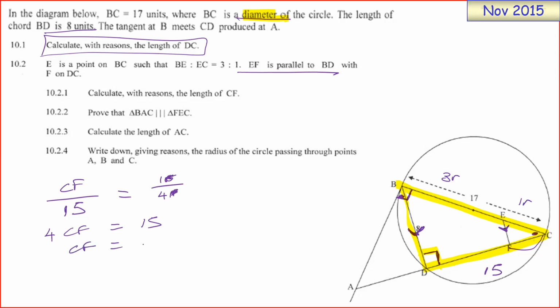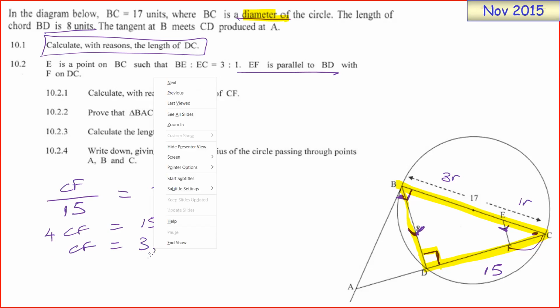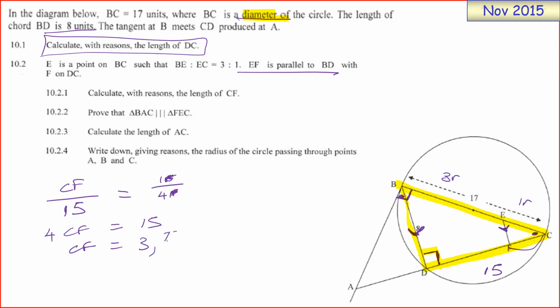Anyone's got a calculator there? That's 3 3/4. Am I right? 3.75. Okay, so that's how we find CF, which is 3.75. Sorry, sir, aren't we not allowed to use the ratio compared to the actual units?